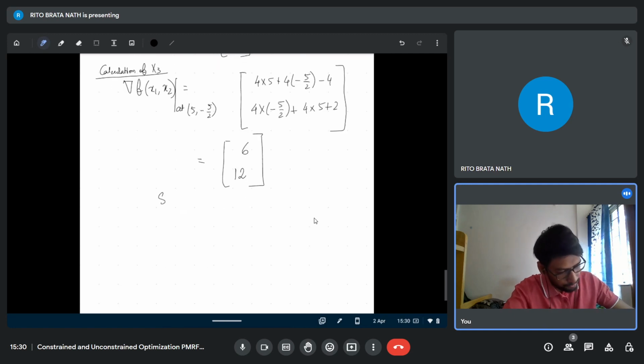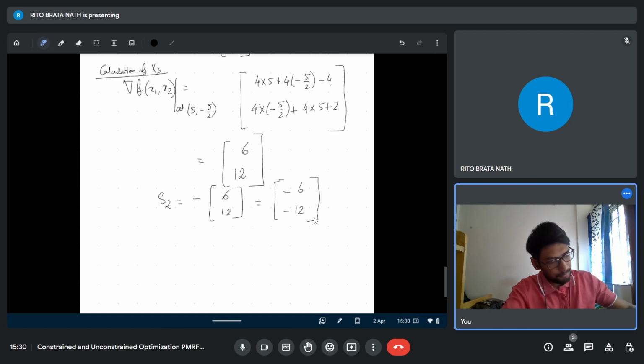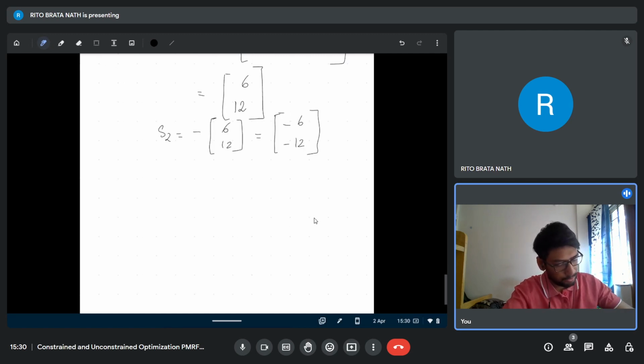So it still becomes minus of this, minus 6 minus 12. And for lambda 2, it's simply this 2 transpose S2 divided by S2 transpose H S2.